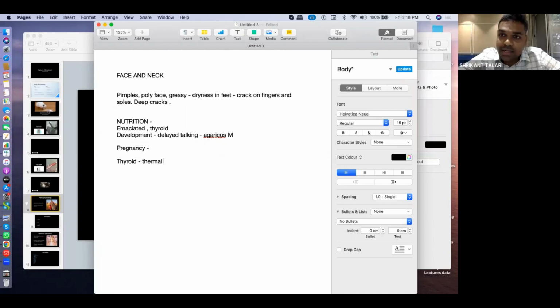But in Natrum mur, what you will see is generally a tendency to remain hot. Even in hypothyroid, even when there is so much weight gain, laziness, edema, they'll say, I'm still feeling hot. I cannot tolerate hot temperature because it drains all my fluid. I have a lot of draining of fluid.